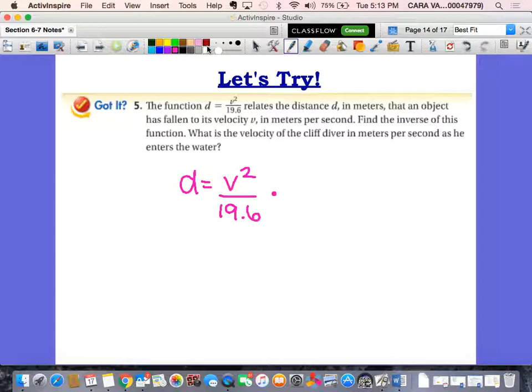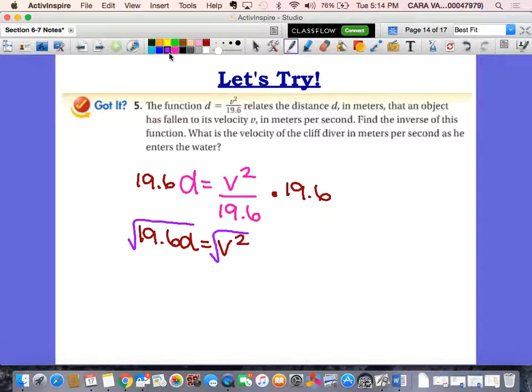I'm going to multiply by 19.6 on both sides, and I get 19.6d is equal to v squared. So now to solve for v, I'm going to take the square root. So I get v is equal to the square root of 19.6d. So this is my inverse equation.